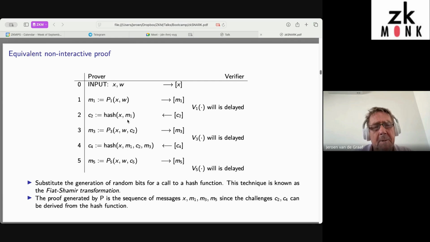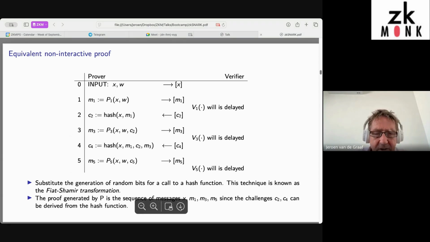And this has an interesting property because the proof has become completely non-interactive. It's also transferable, in the sense that anybody who sees these messages will be convinced that the proof is correct. So this is the essence of the Fiat-Shamir transform.